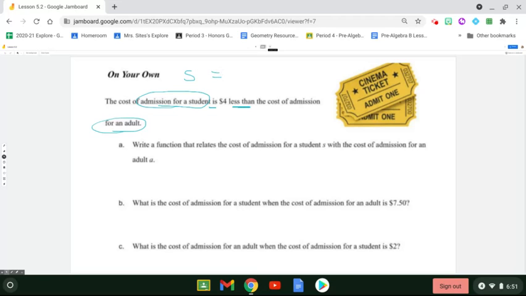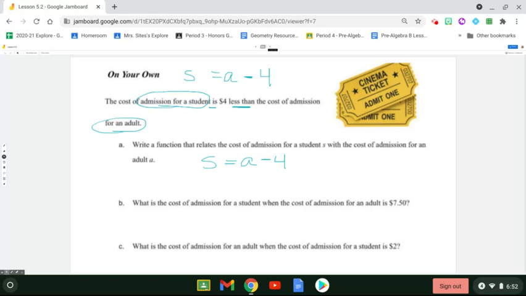I see less than, so I know I have to worry about the order. And adult admission is A. Okay, so S equals A minus 4 because we want to start with the adult admission and take away $4 from it. Because remember it's a less than. So that would be our answer for part A. S equals your adult admission, take away $4.